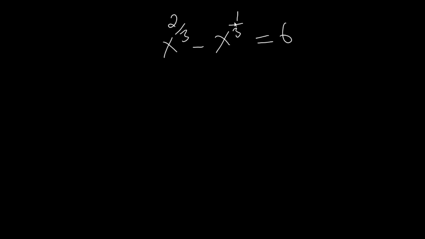Because this is the lowest power, I'm going to pick this whole term and make it a k, because I can see that this 2 over 3 is obtainable from this 1 over 3 by a 2. So I'm going to let k equal x to the power of 1 over 3.